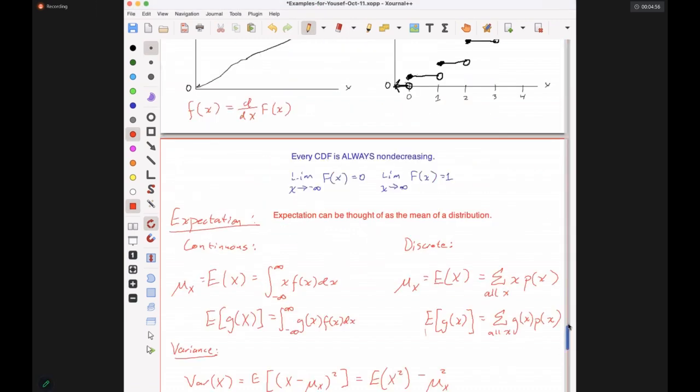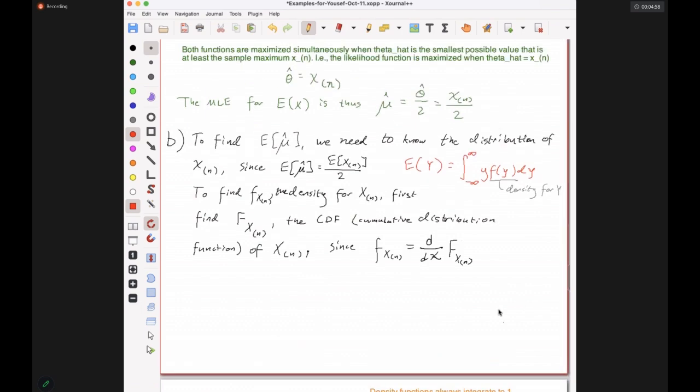So going back to our problem here, we need to know the density function to find the expectation, and we need to know the CDF to find the density function. So let's find the CDF. We can write that F sub X(n) of x is equal to the probability that X(n) is less than or equal to x.